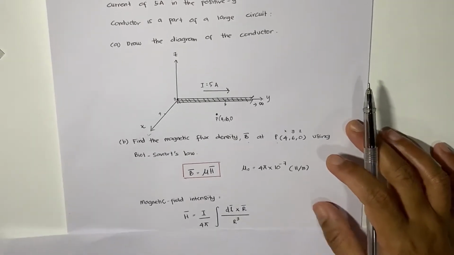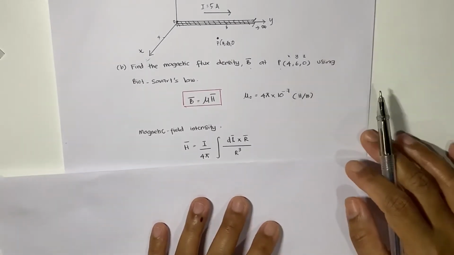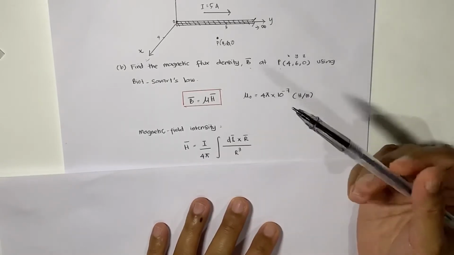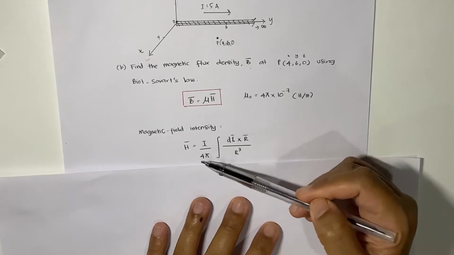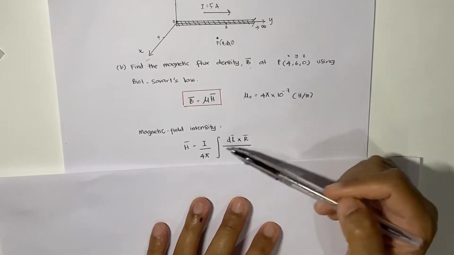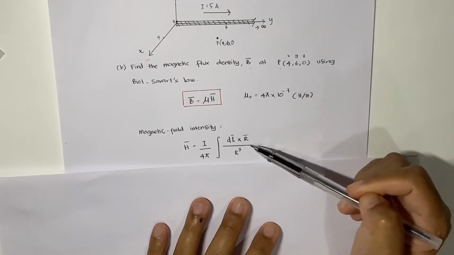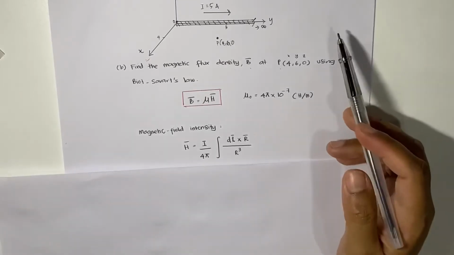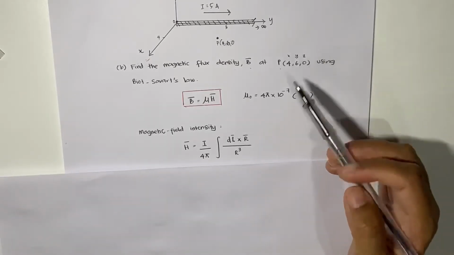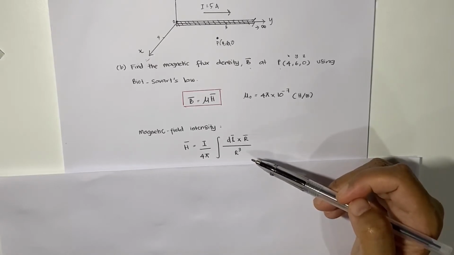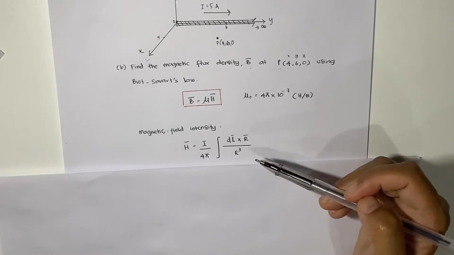So if we refer to the lecture notes, the equation for magnetic field intensity is H equal to current over 4 pi, integration of dl cross product R over R cubed. This is for a conductor, which relates to the length of the conductor, not the surface and not the volume.